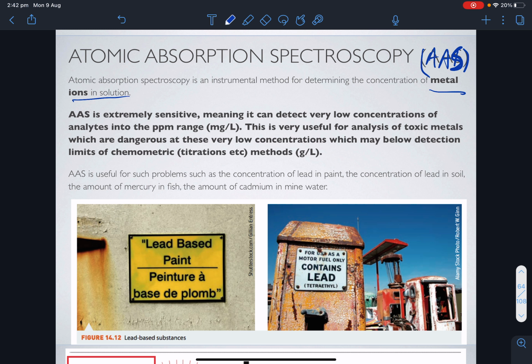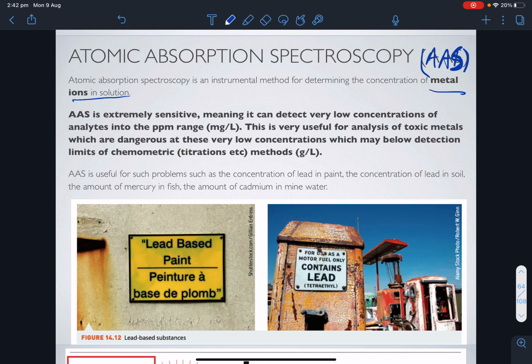This means it can detect low concentrations of analytes or metals in the order of parts per million. And remember, parts per million in solution is equivalent to milligrams per litre. Okay? It's very useful when we're analysing toxic metals, which are dangerous at very low concentrations or trace levels.